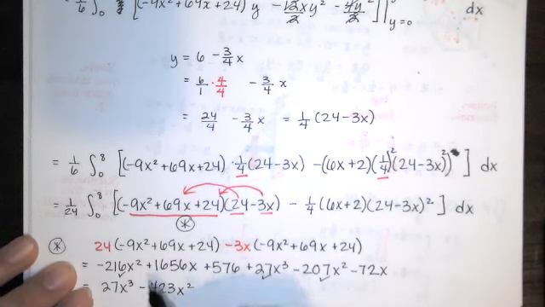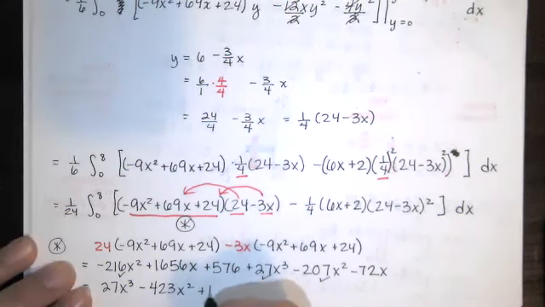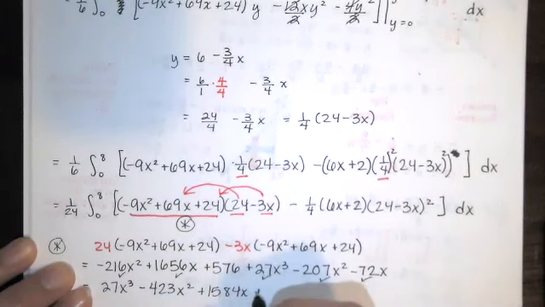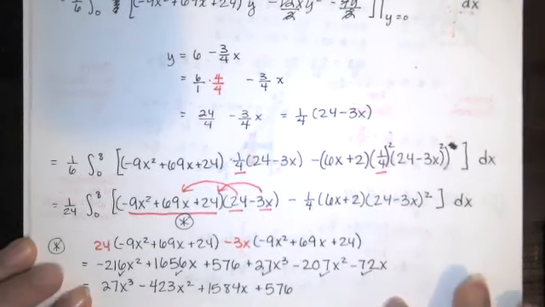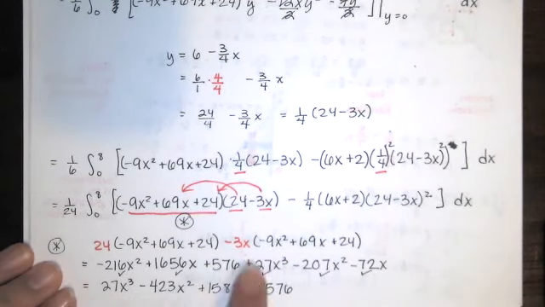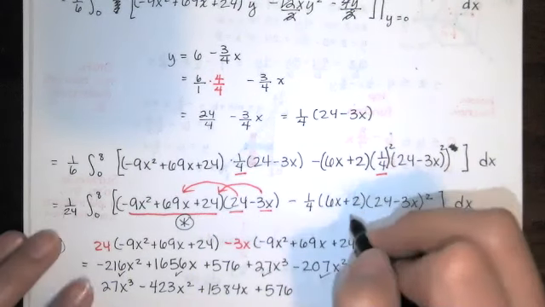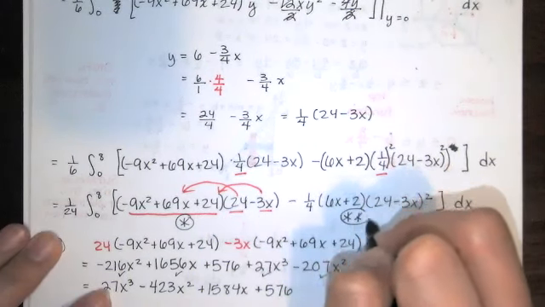And then we've got this 1656 minus 72 times x. So that's 1584 times x. And then we've got the 576. Okay, that's just this first part. Now we've got to do the second part. Call that double star.